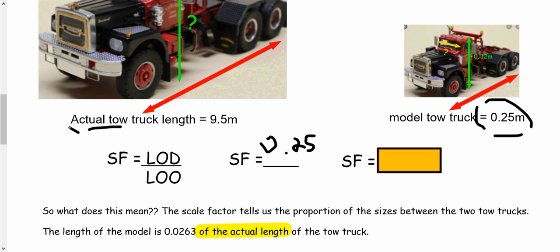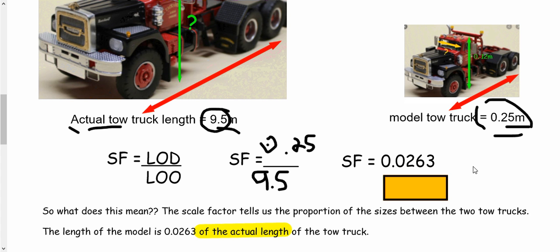Oh, so actual means the original, 9.5 meters. Now, it's important to know they're both in meters, so we're not going to get hung up on that, okay? So I grab my calculator, and I go 0.25 divided by 9.5, I get 0.0263. That's the scale factor.